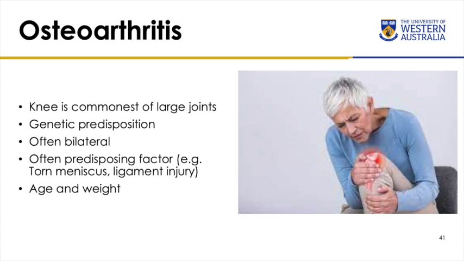However, in many cases there's no obvious cause, and it may just be a genetic predisposition to the condition. It is a disease of older age. Obesity has the strongest association with osteoarthritis of the knee than other joints.